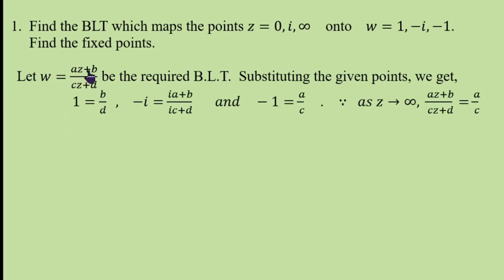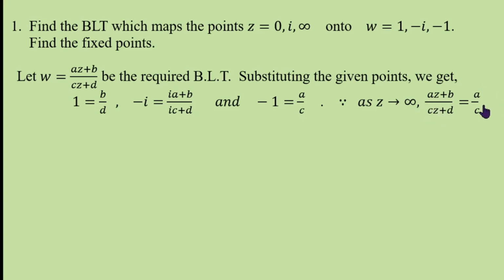Now, when Z tends to infinity, (AZ plus B) by (CZ plus D) is nothing but A by C. Just take the coefficient of that infinity. When Z is infinity, the numerator's coefficient is A and the denominator's coefficient is C. Therefore, A by C. It is by L'Hospital's rule: differentiate numerator and denominator, then divide.